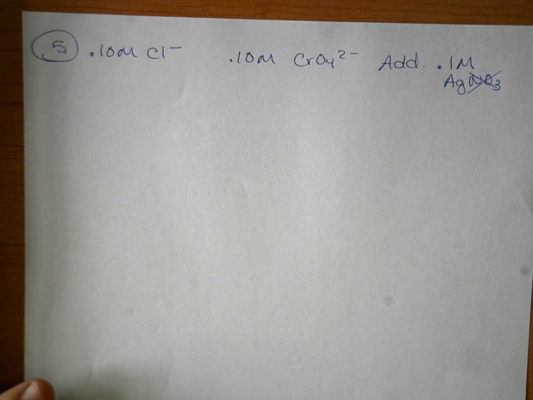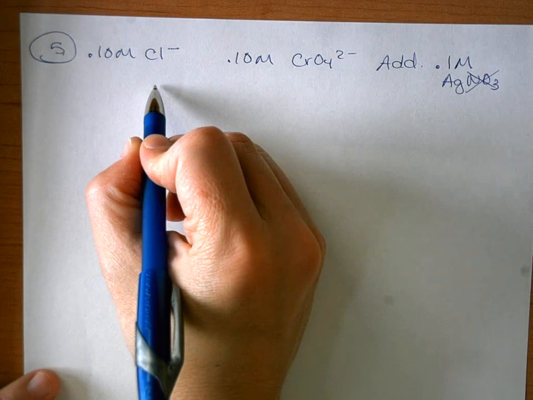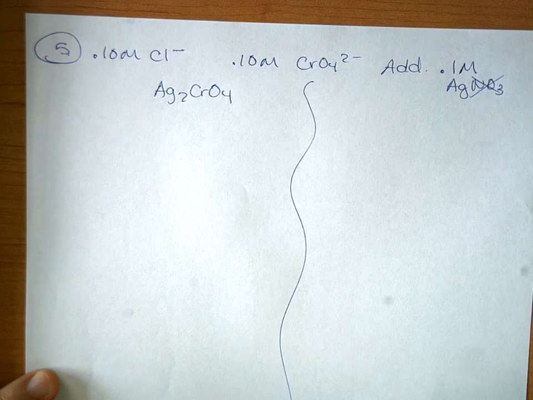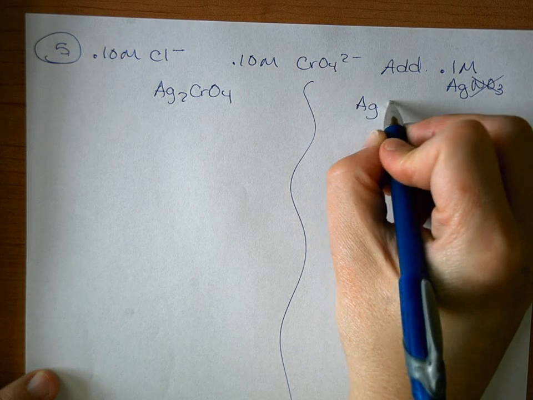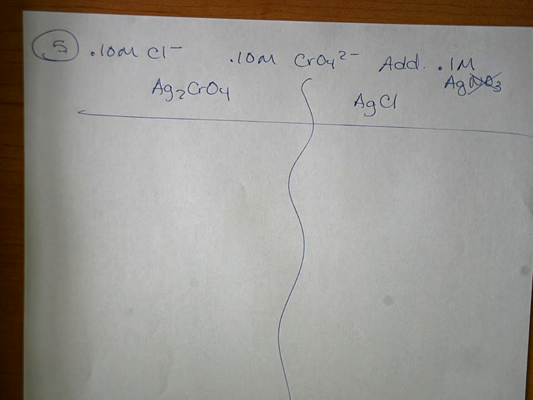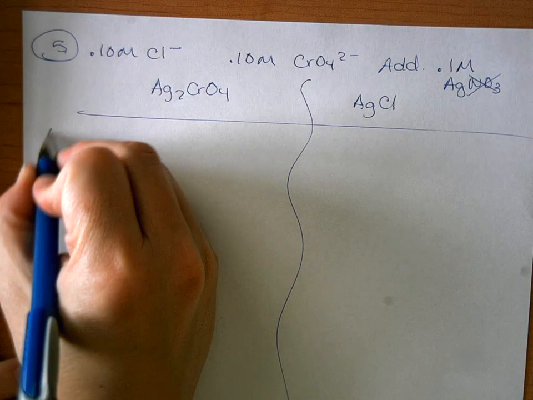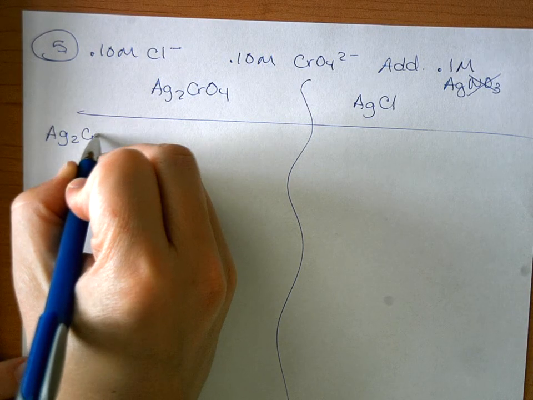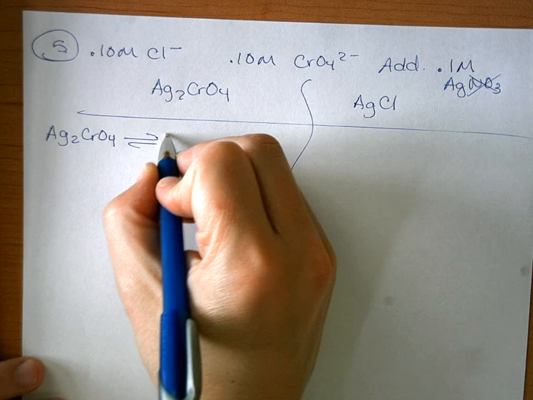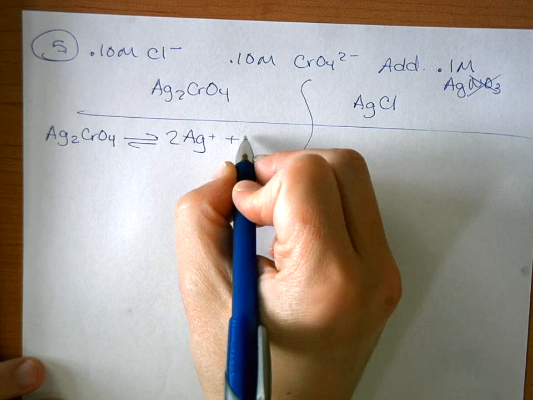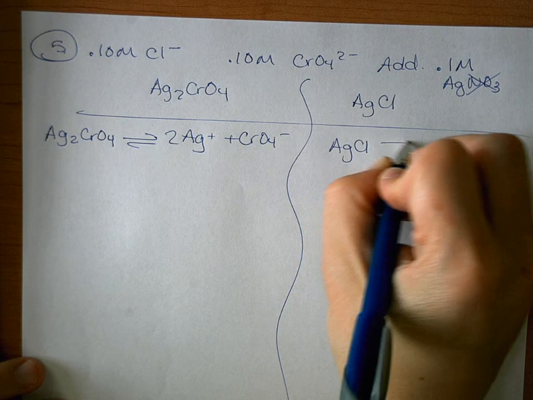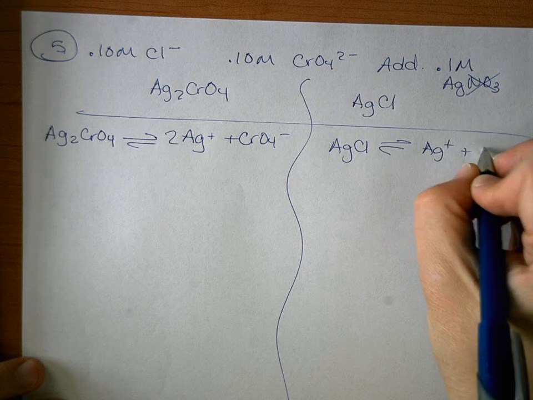I want to know, will silver chromate form first, or will silver chloride form first? So I've got to do calculations for both, and I'm going to write out my dissociation. Ag2CrO4, when that dissociates, I would get 2 silvers and 1 chromate. For silver chloride, I would get 1 silver, 1 chloride.